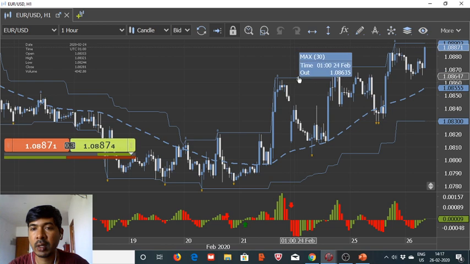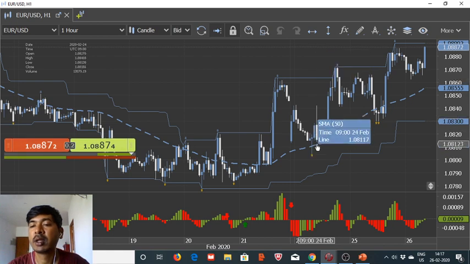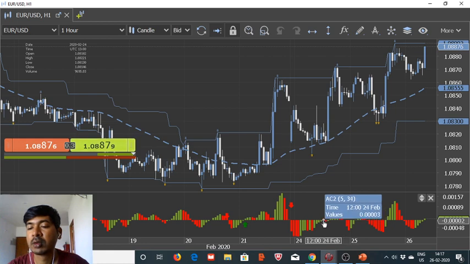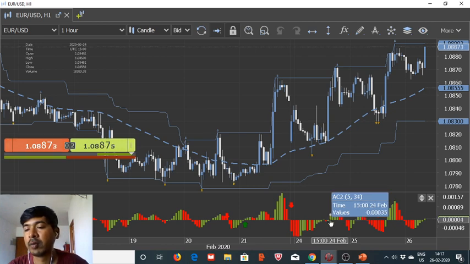But here, coming to this situation, the maxima is of 1.0863, whereas the SMA is at 1.081. So the difference is of around 50 pips, and as and when the momentum shifts from being bearish to bullish, even in this time, I think around 12 noon on 24th of February, the trade could have been executed, and also here around 15 GMT, the trade would be executed.